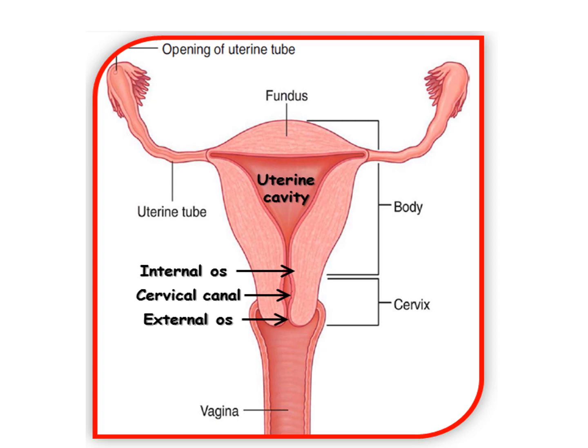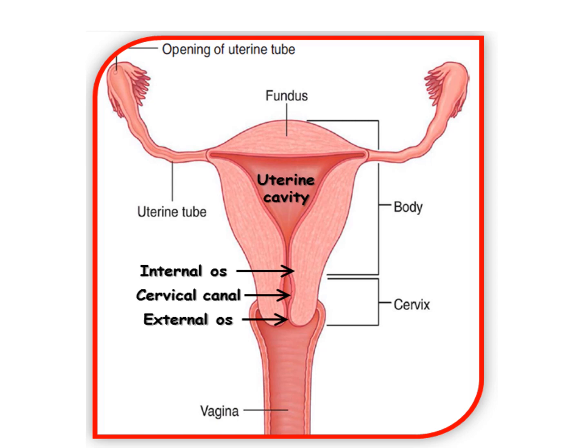And finally, the cervix. The lumen of the cervix is divided into three parts. It has a communication inside with the uterine cavity, which is known as the internal os. Os means opening. Internal os is the opening of the cervix into the uterine cavity.